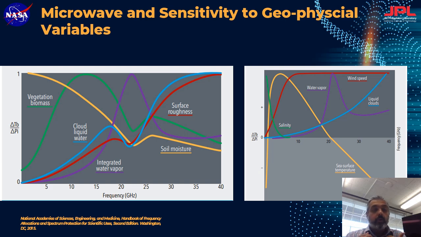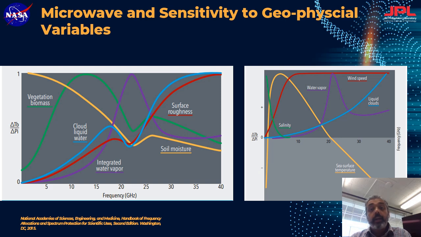Similarly, if we were to go to soil moisture, which is the yellow curve on the left, we are most sensitive in the lower frequencies, around 1 gigahertz or so, and then our sensitivity to soil moisture goes down after that. If we look at its complement, surface roughness, which soil moisture folks always worry about, surface roughness has its least sensitivity in the low gigahertz regime, but it keeps going up, which makes sense if you think about surface roughness.